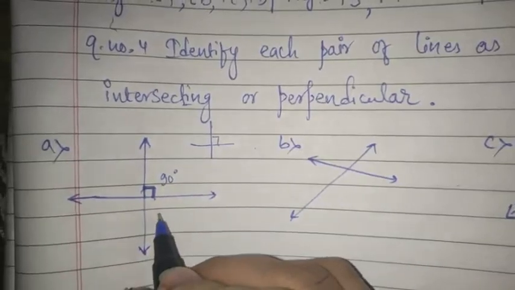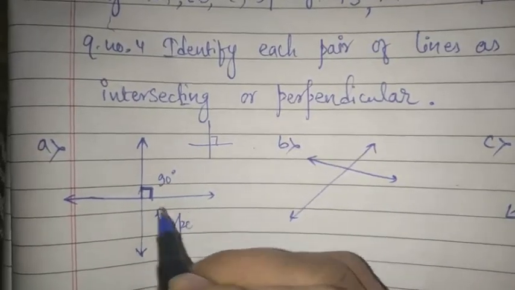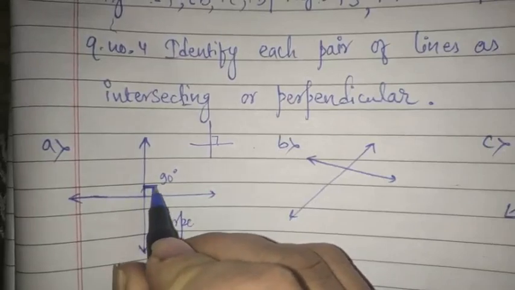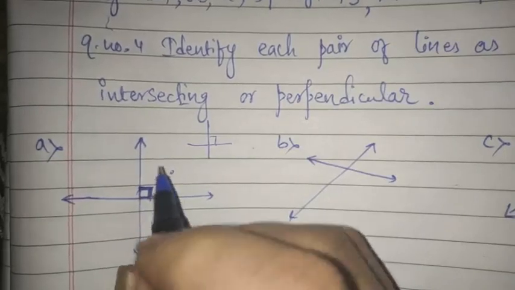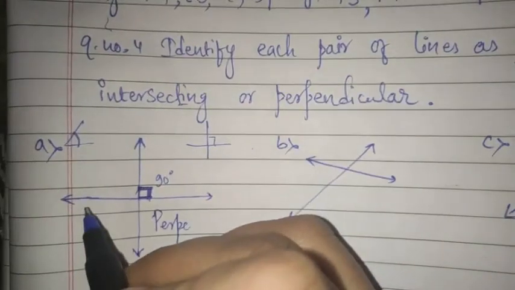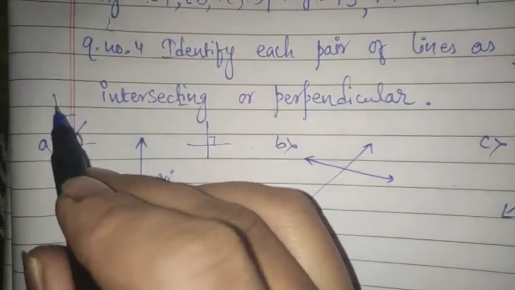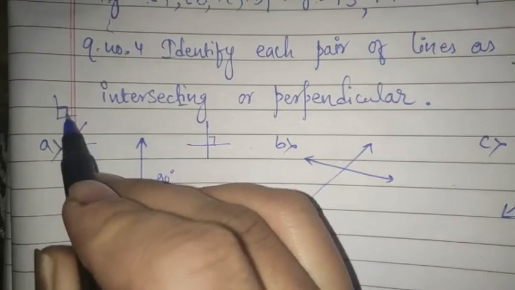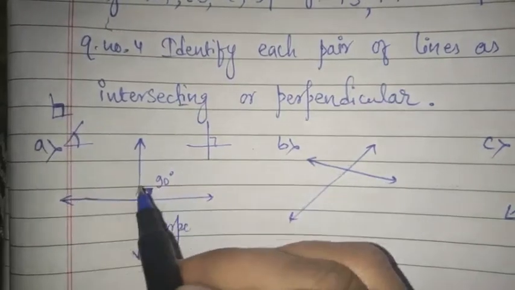So it is perpendicular. Whenever you see this angle mark, basically we mark an angle with this symbol. But whenever it is 90 degrees, the symbol of the angle will be like this, which represents 90 degrees.